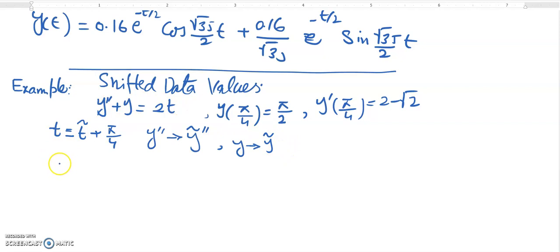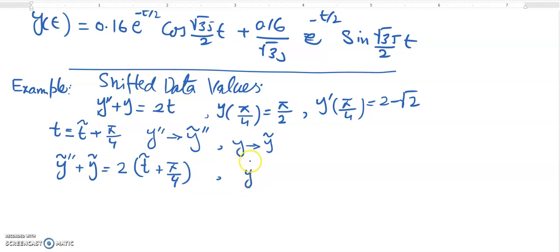So in this case, we can replace y with y tilde. So y tilde double prime plus y tilde is equal to 2 times t, which is t tilde plus pi by 4. And this equation will now follow these initial value conditions.